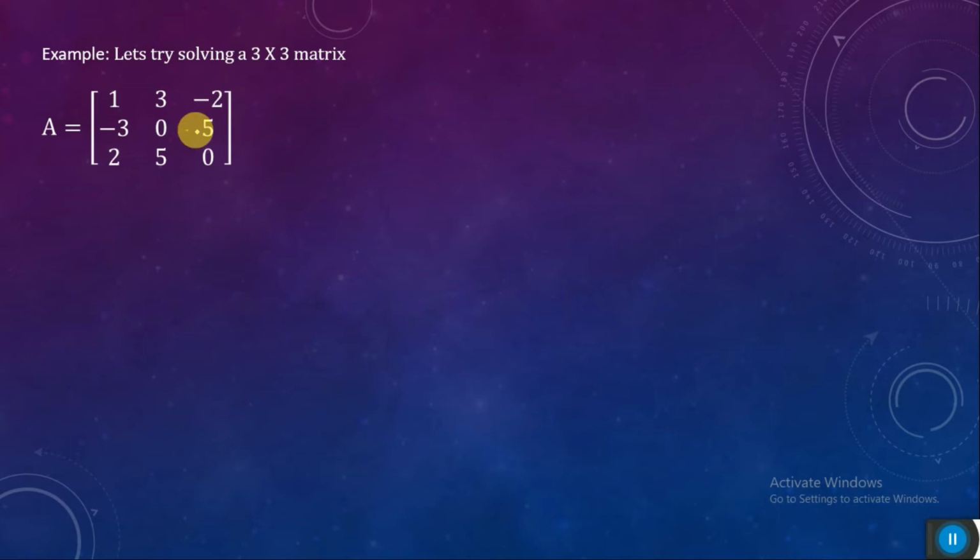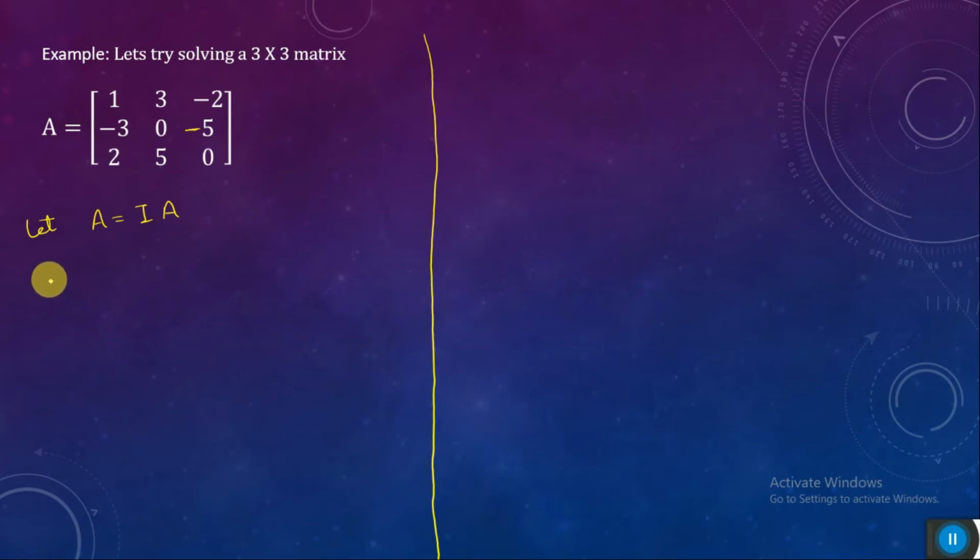Do a correction here. You will have a minus sign here. It is minus 5. So first thing, I will make a partition. Now let A equals to IA because I am using row operation.